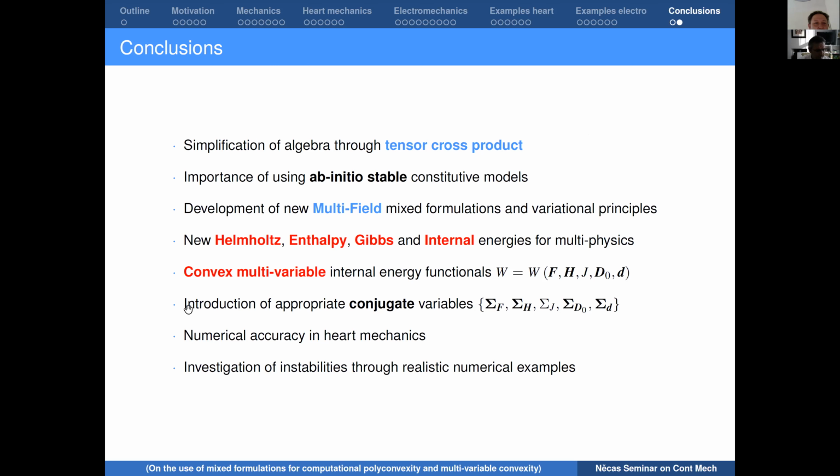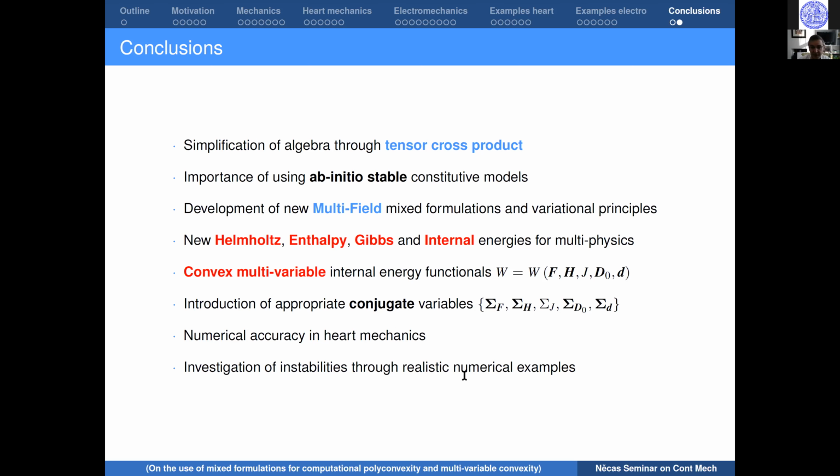So the last few bullet points. I don't know if you heard them. The importance of using well-posed models, particularly in hard mechanics, where we have the possibility to develop instabilities that are not physical.